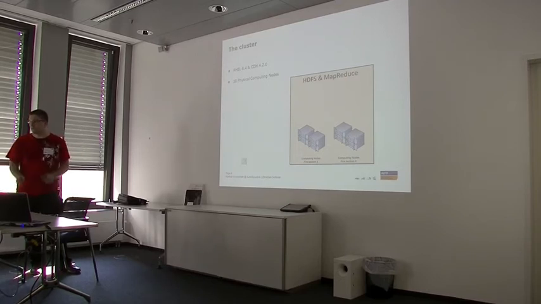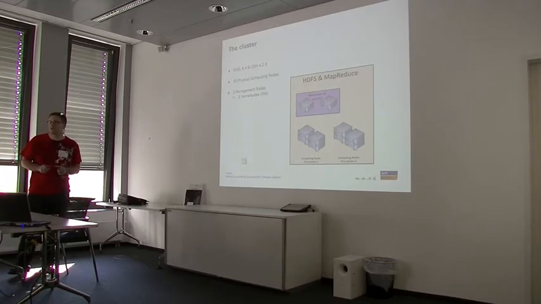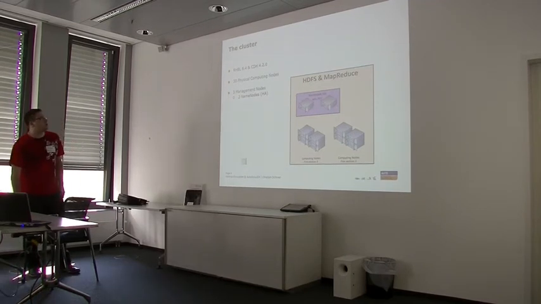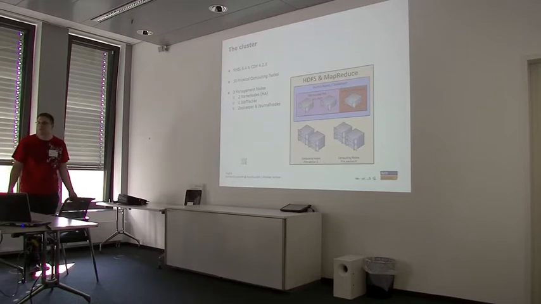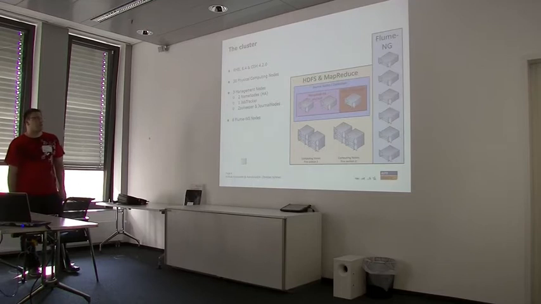Everything else is virtual. We have 3 management nodes, 2 of them running the name nodes. For the name nodes, we are using NameNode HA with journal nodes. We have another management node, which is our job tracker. And all these 3 together run the journal nodes and run Zookeeper. Also, we have some Flume nodes to gather data.